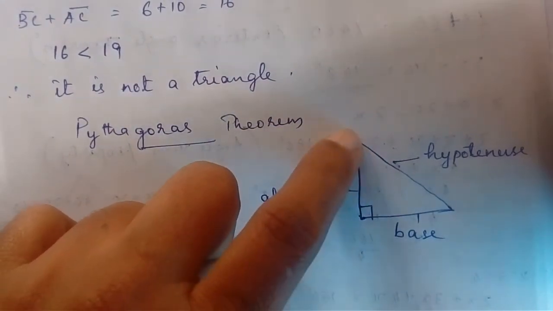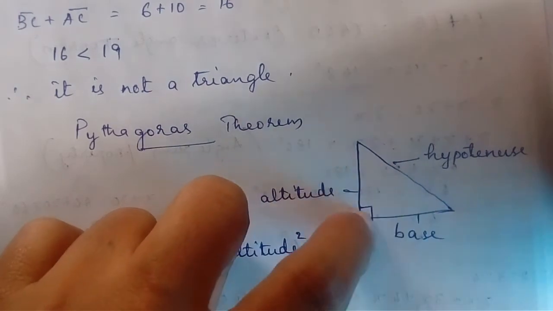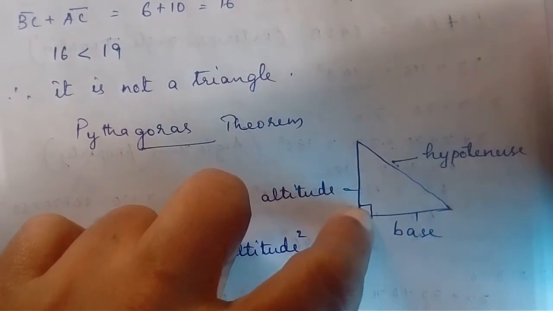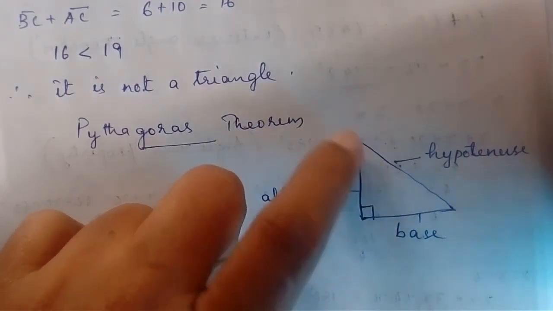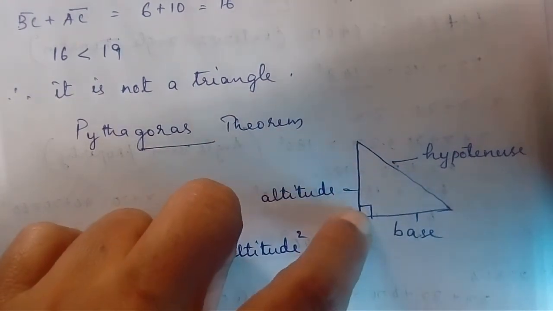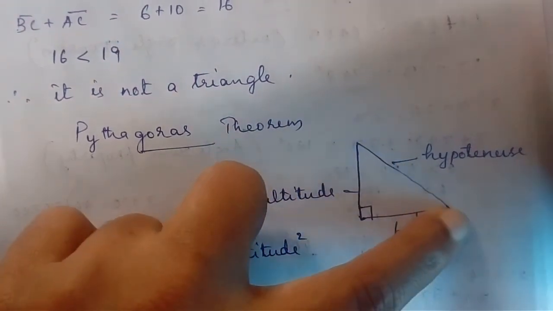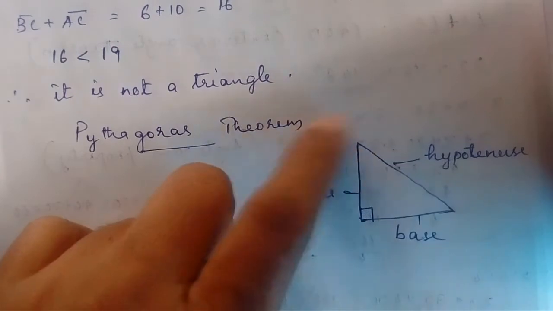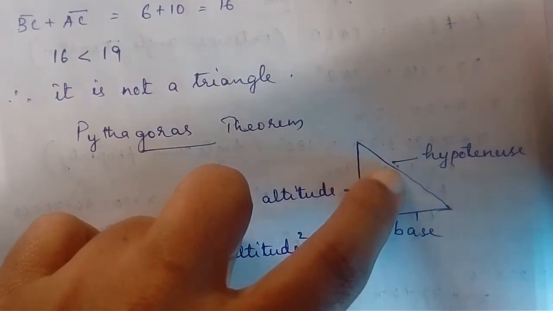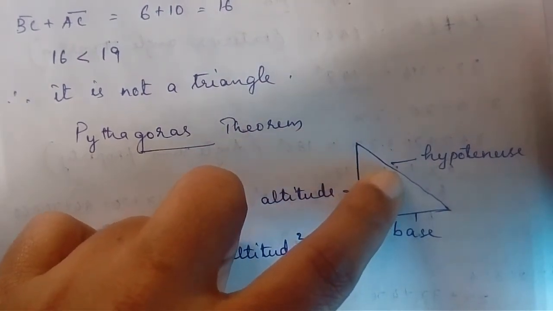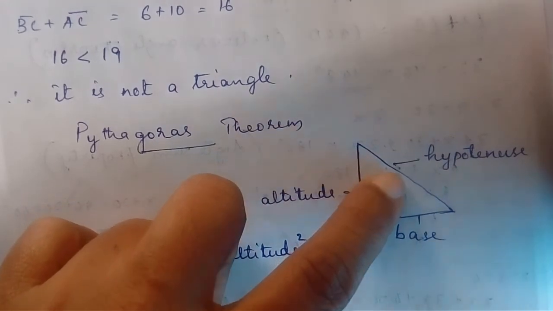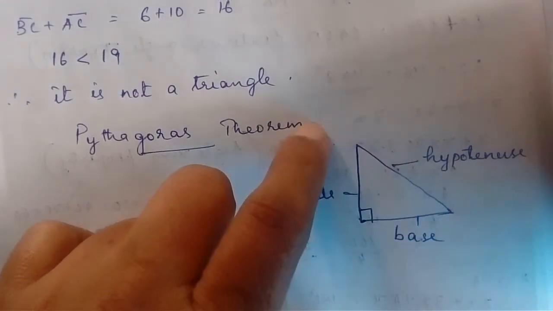The side opposite to 90 degrees is the longest side in this right-angled triangle, and the longest side is known as the hypotenuse. So we have a relation between these three sides.